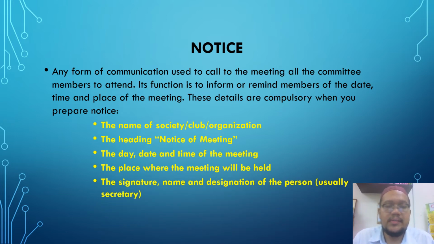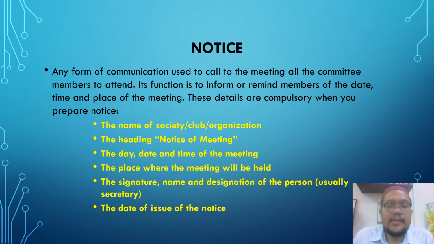And the last one is the signature, name, and designation of the person, usually the secretary, because the secretary is the person responsible for scheduling the meeting. That's why he or she must be the person who signs this notice, not the chairman. The chairman just instructs, gives orders, and advises the secretary. Then the secretary will prepare the notice.